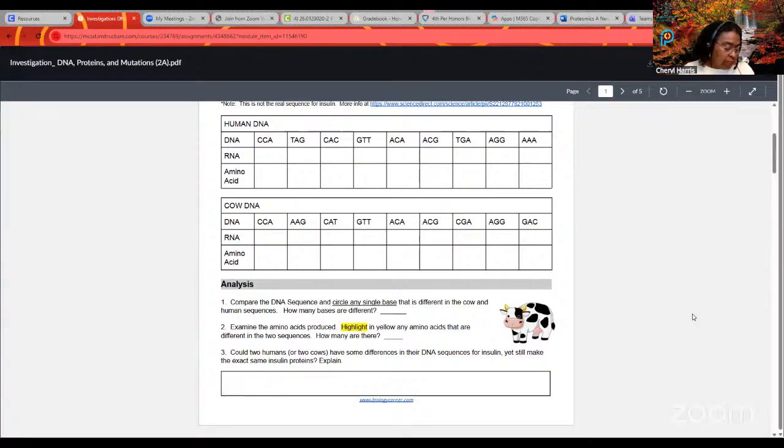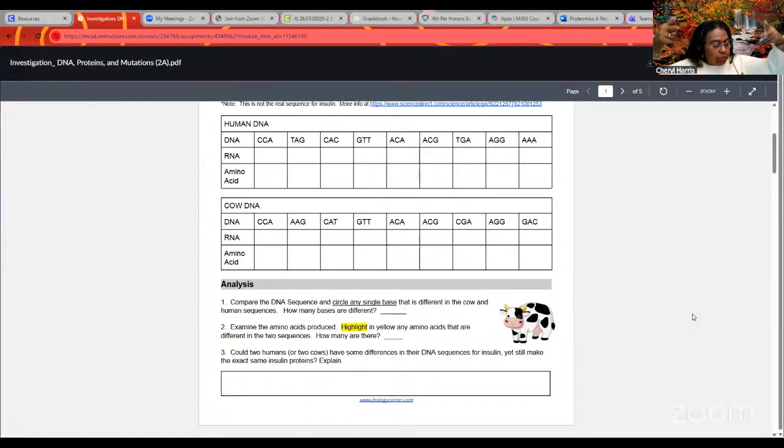Question number one, how many bases are different? We're just talking about the row.